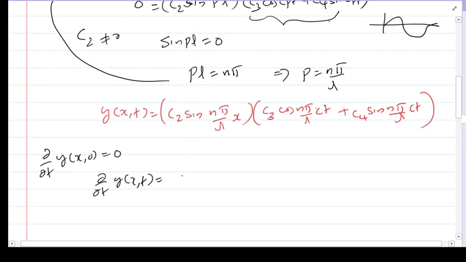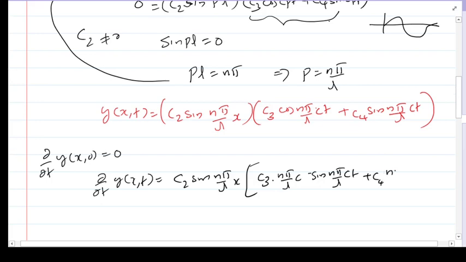C2 sin(n pi by L x) into [C3 into the coefficient of t, n pi c by L, into the derivative of cos, minus sin(n pi c t by L), plus C4 into n pi c by L into cos(n pi c t by L)].